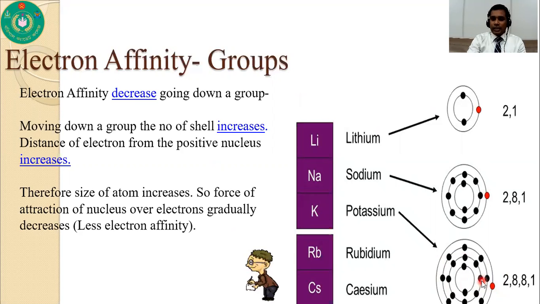So we can say that as the size of the atom increases, the force of attraction between the nucleus and electrons gradually decreases. That means less electron affinity. So we can say that if we go from top to bottom, electron affinity decreases.